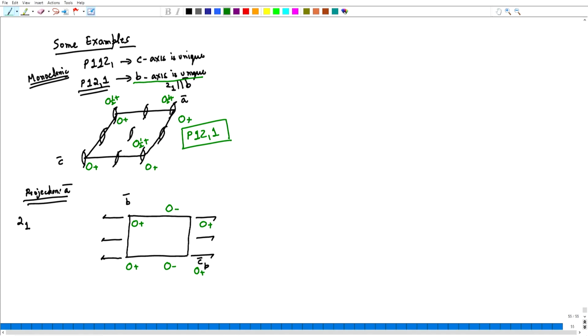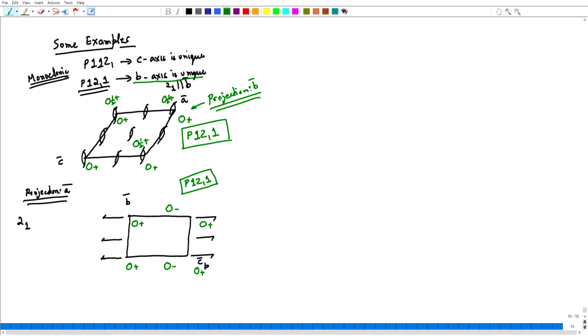So, this is the same P1 2 sub 1 1 space group, but with a different viewpoint. The projection is along A. In the previous case, the projection axis was the B vector.